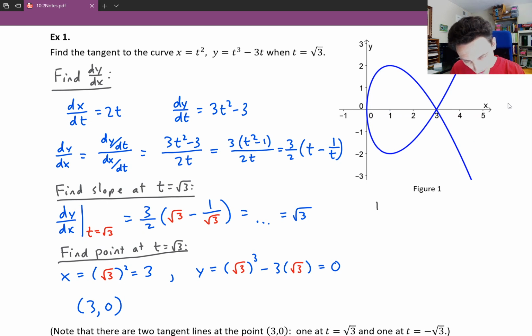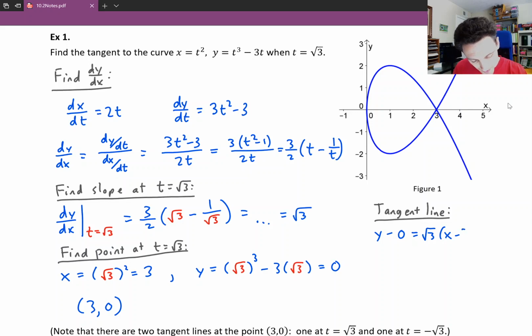Lastly, we'll get the equation for the tangent line, using point slope form, y minus y1 equals m times x minus x1.